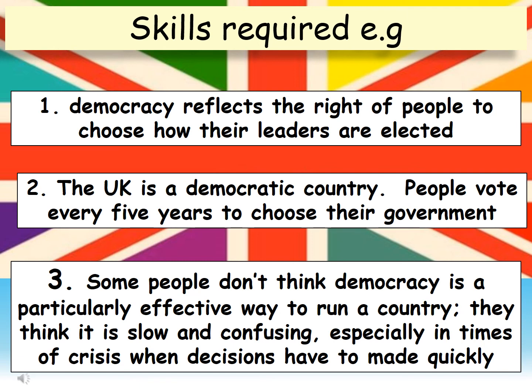So, for example, some people might say that democracy is not necessarily a positive thing because it is slow and confusing, especially in times of crisis when decisions have to be made quickly. Other people might totally disagree and insist that every country should be democratic, no matter how slow or cumbersome that process might be.